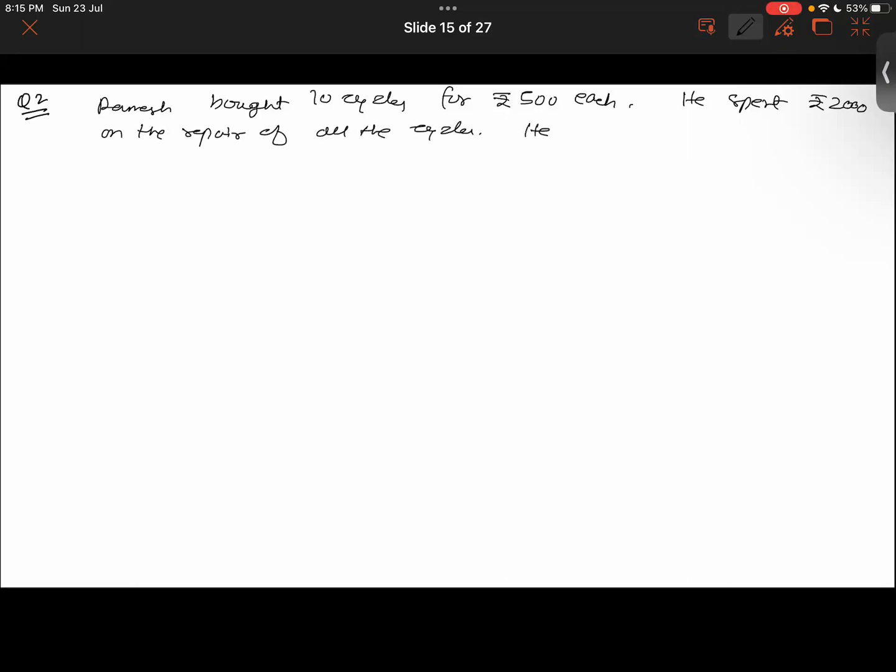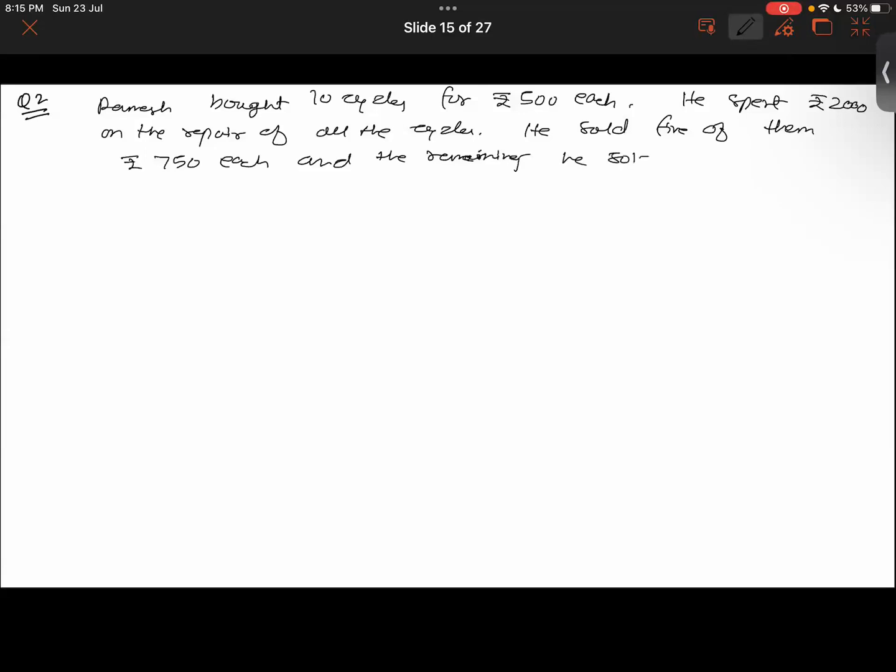Now what he did, he sold 5 of them for rupees 750 each. And whatever was remaining, he sold them for rupees 550 each. Can you understand my handwriting now?